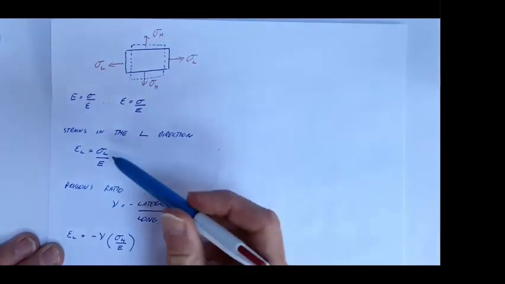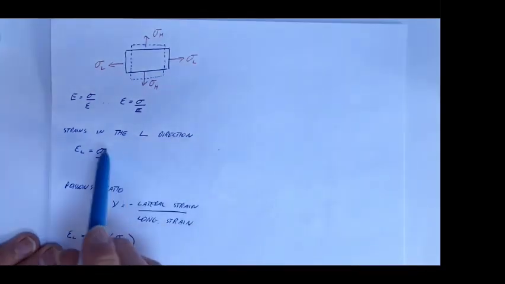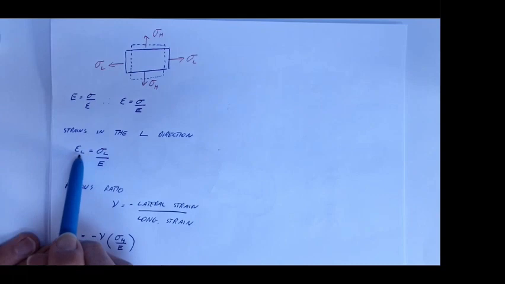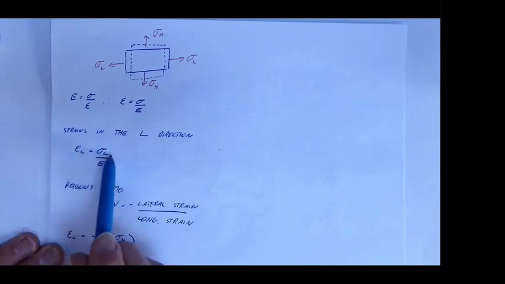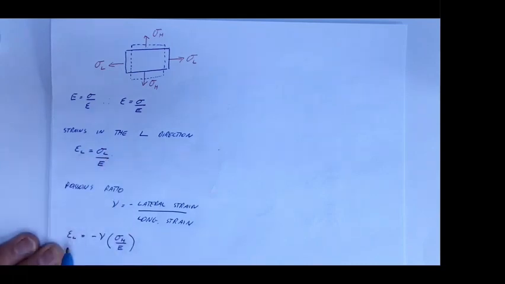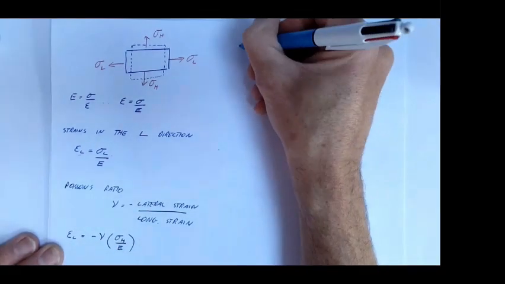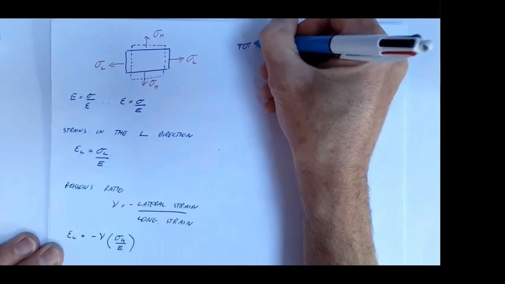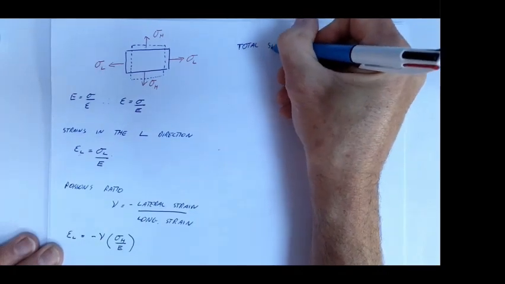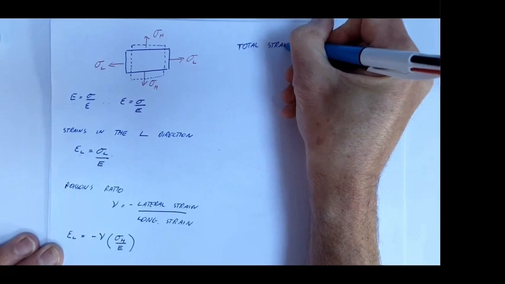Okay, so we've got two components. We've got the longitudinal strain caused by the longitudinal stress, and we also have the longitudinal strain caused by the hoop stress. So for the total strain, we're going to add those two bits together.